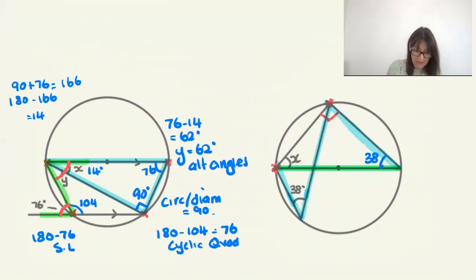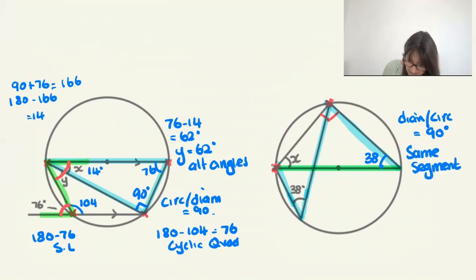So before I do that, I'm going to write down what I've done so far. I didn't write it because I wasn't sure whether or not it was going to be useful, but it has been. So I have done my diameter circumference to get me my 90 degrees. I've done same segment to get me my 38.